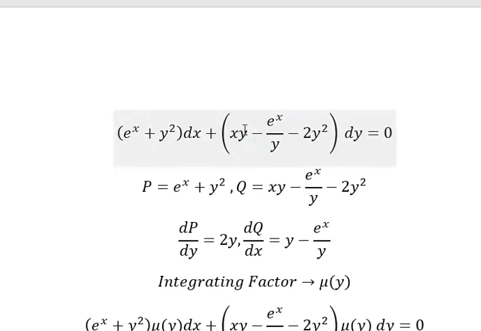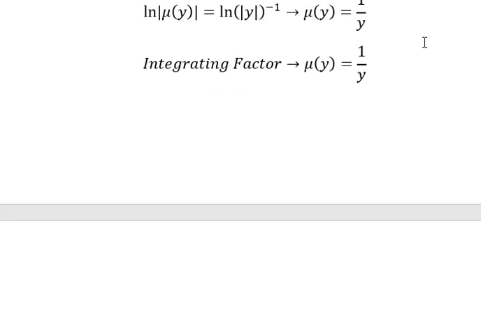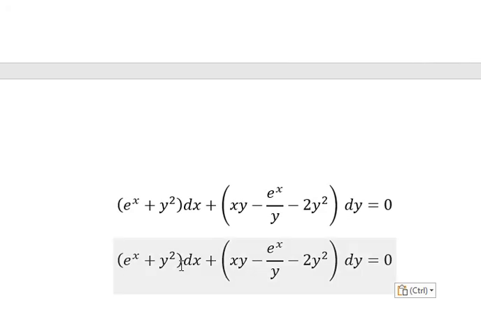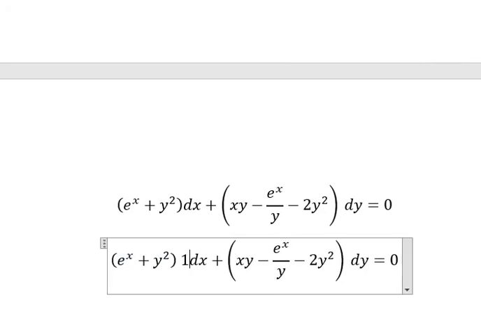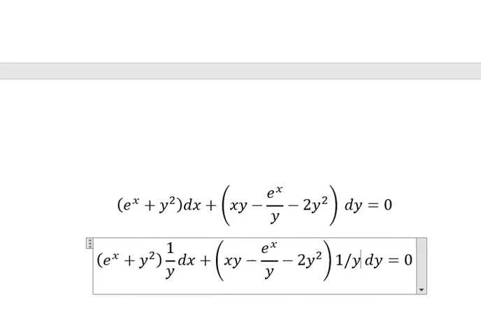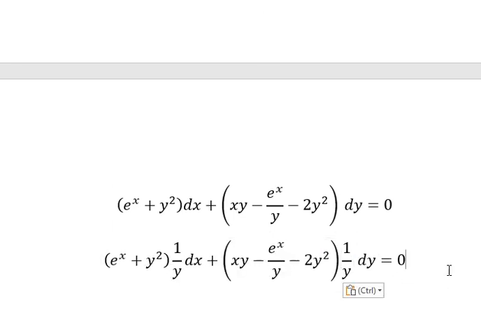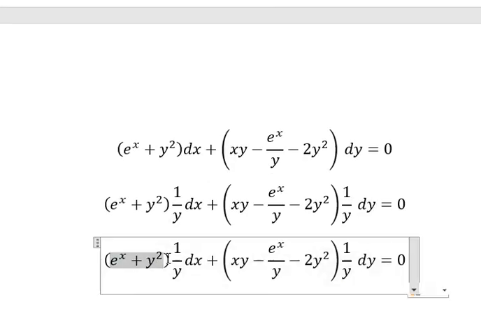And now we go back in here, we multiply both sides by 1 over y, and now we need to simplify.